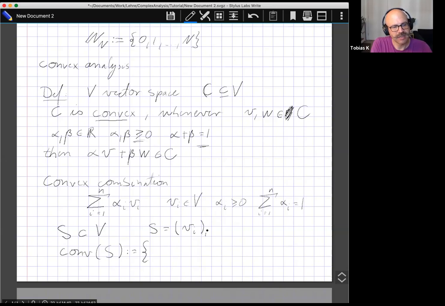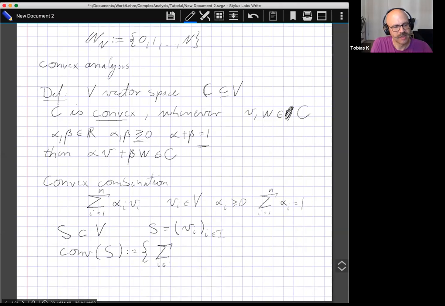I number the elements of S by I, where I is a general index set. So I have to take all sums of alpha I vi, such that alpha I is greater or equal to 0, and the sum of alpha I is equal to 1.